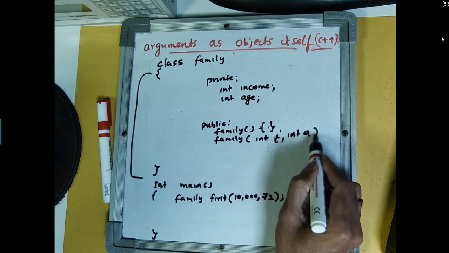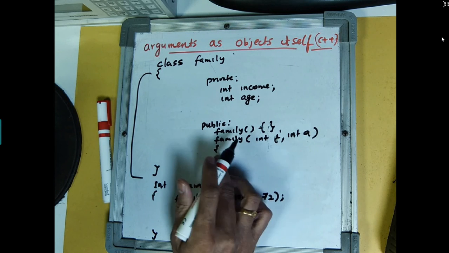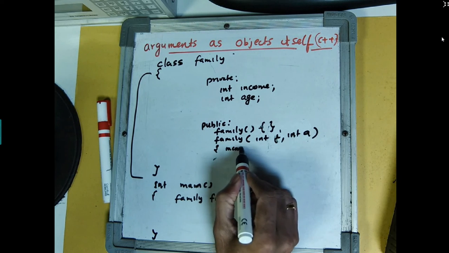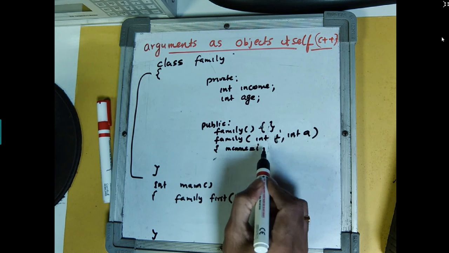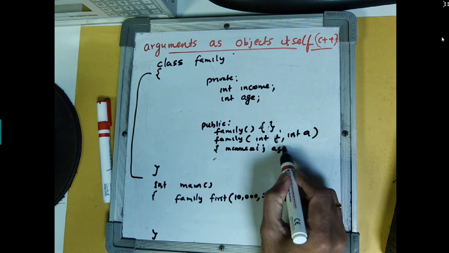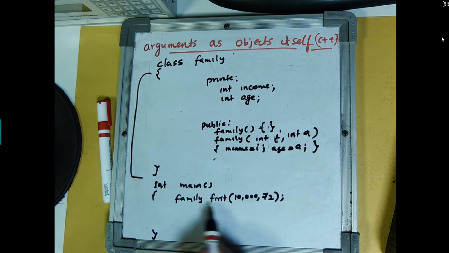These are arguments. In this we say income is equal to i, and age is equal to a. This is how you can achieve a constructor with arguments.